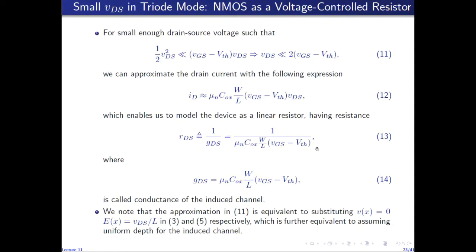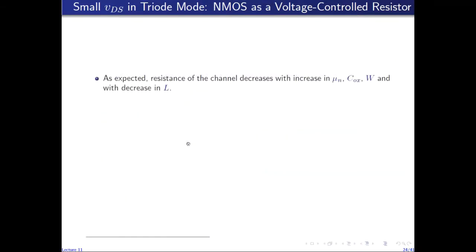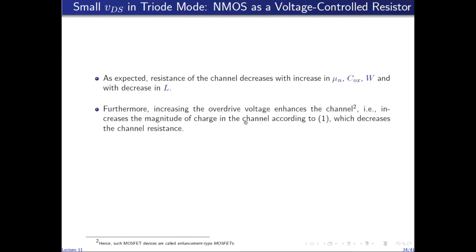So this resistance is actually a voltage controlled resistance. Its value is given by VGS minus V threshold. So increasing this overdrive voltage will decrease the resistance, because when Vx is 0, we can think of the gate electrode and the uniform depth channel as a parallel plate capacitor, as we discussed before, and the charge accumulated on the negative plate is directly proportional to the overdrive voltage.